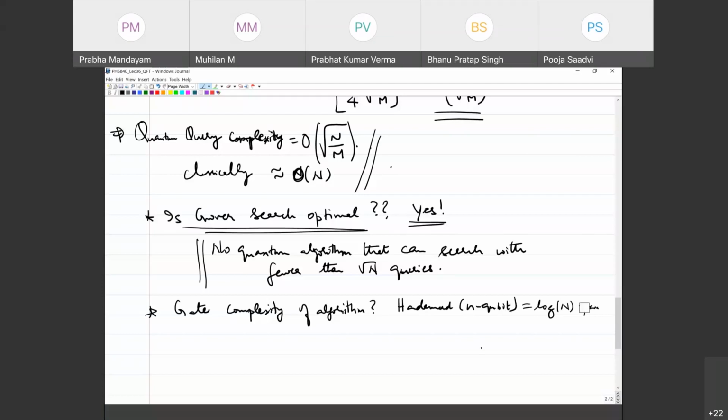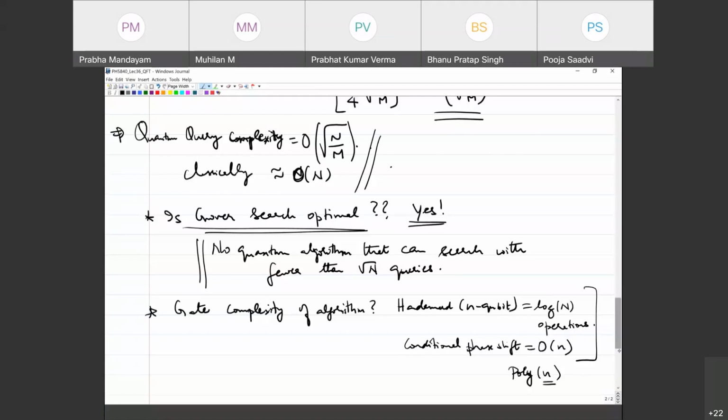And then you have the conditional phase shift. It can be shown that this can also be done to within order n. So in all, this circuit complexity only scales as a polynomial in little n.